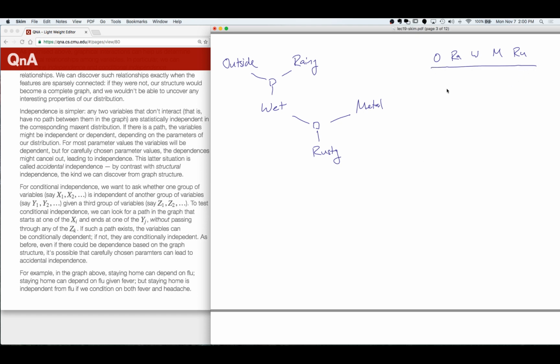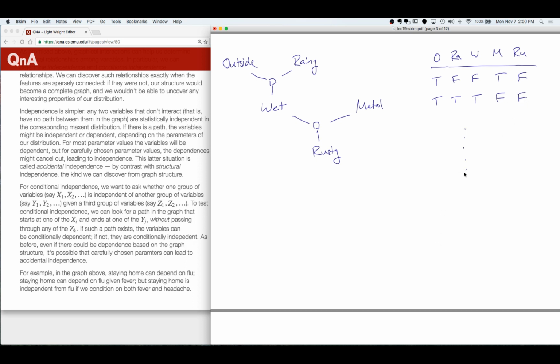And so maybe we would get an example of a robot that is outside, but it's not raining. The robot is not wet. It is metal, but it's not rusty, right? And then we might get another example of a different robot that's outside while it's raining, and the robot is wet. It's made of plastic, and it's also not rusty, right?